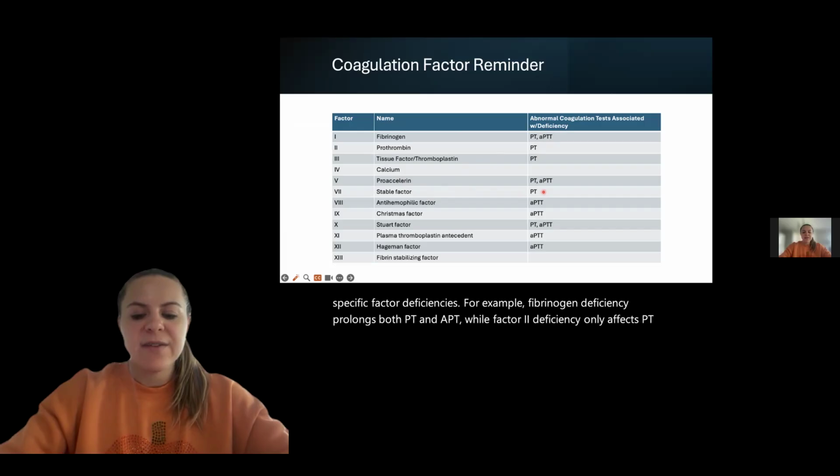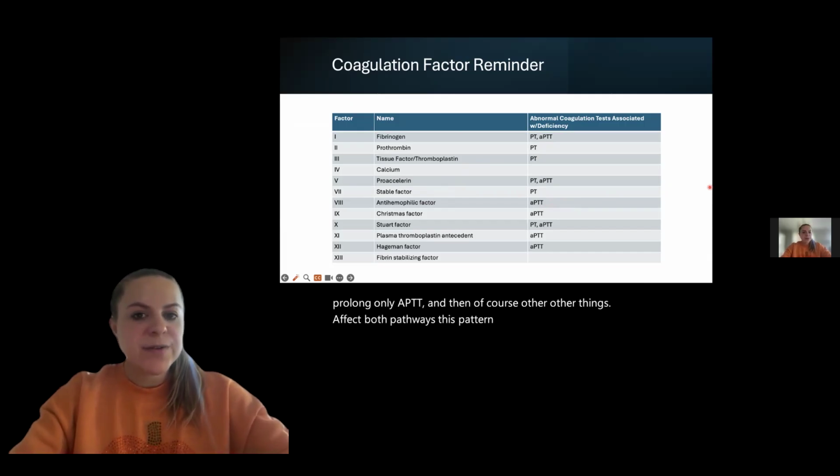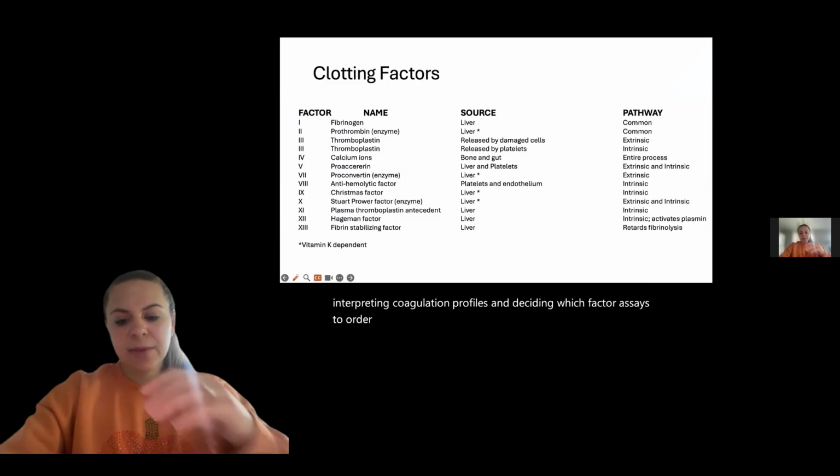We think of factor 8 or 9 deficiencies, as in hemophilia A and B, prolong only APTT. And then, of course, other things can affect both pathways. This pattern recognition is critical for interpreting coagulation profiles and deciding which factor assays to order next.